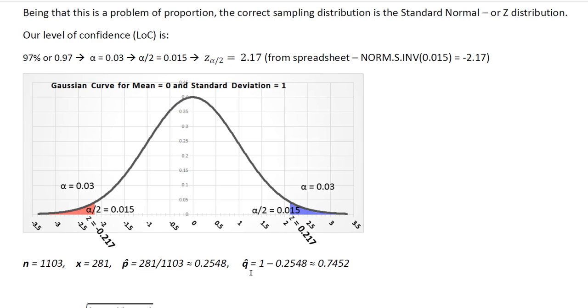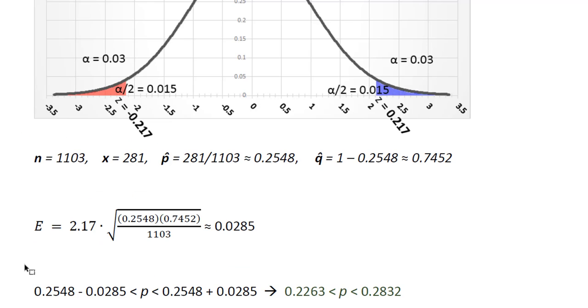Q is always 1 minus p, so q hat is 1 minus p hat, and that's approximately equal to 0.7452. Here is the formula for E with the parameters plugged in.